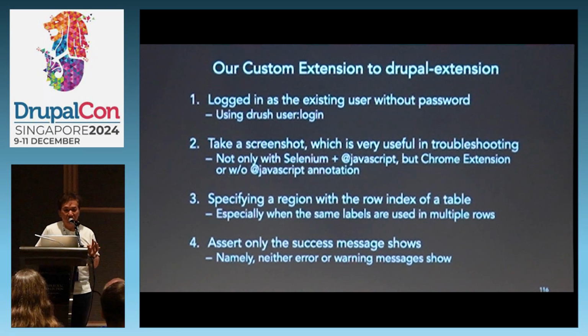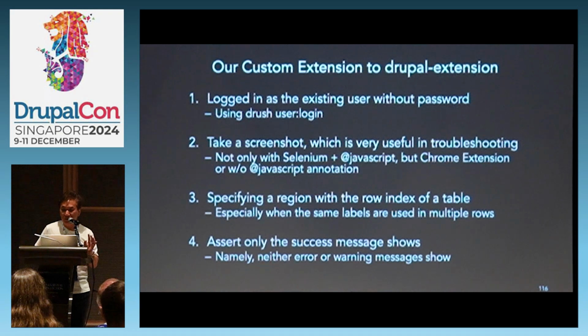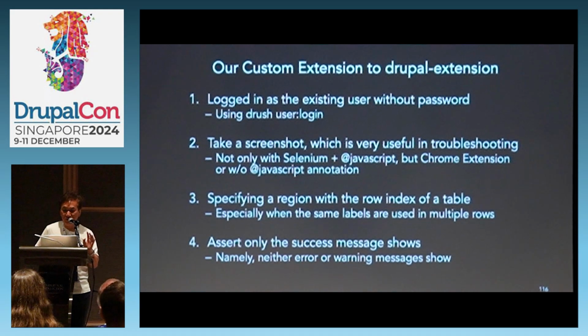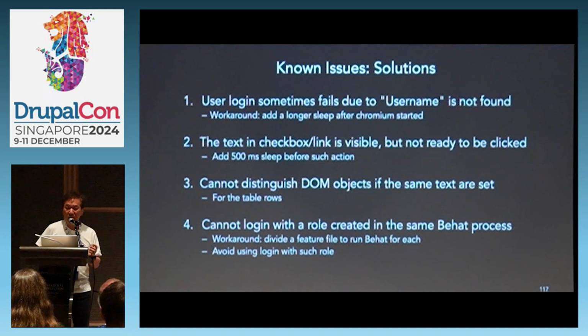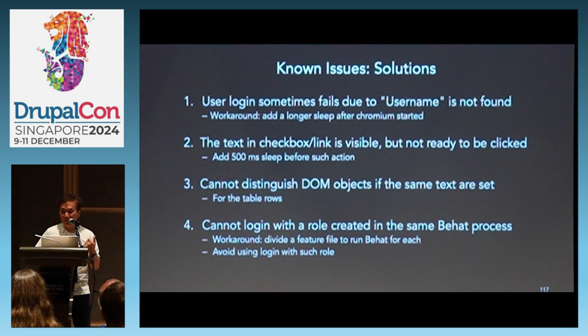These are what we implemented because the functionalities were not enough in the existing Behat extension libraries. So here are known issues and solutions. If you are interested in those issues, please let us discuss offline.